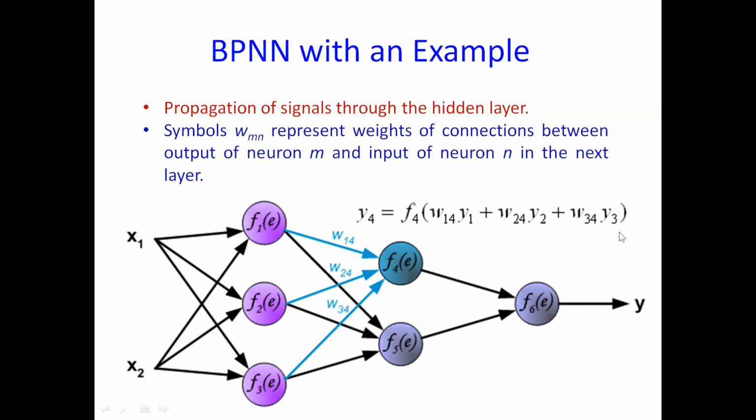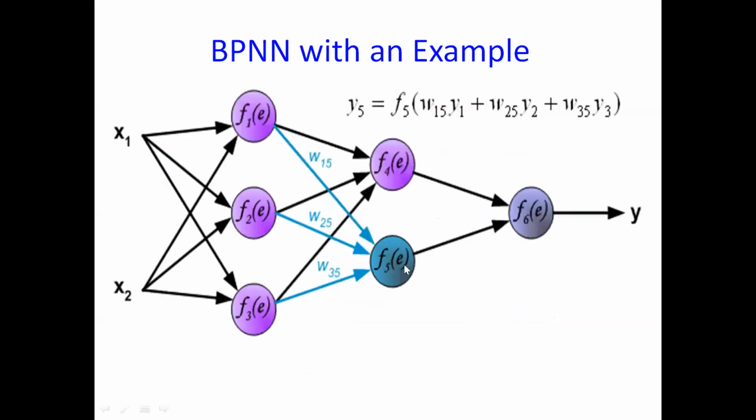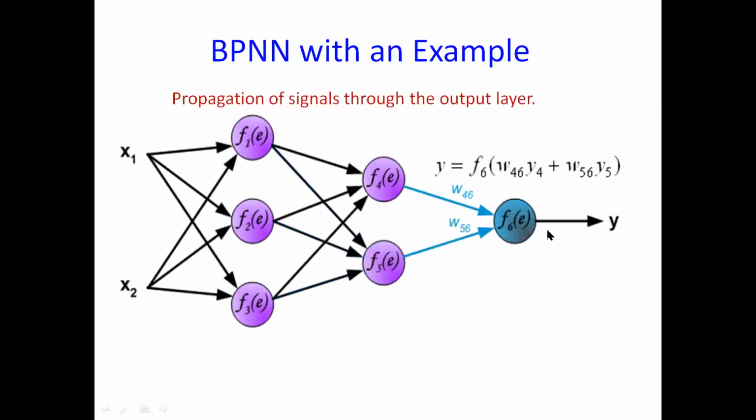The rule is the same here also, so we can have y4, y5, and y6. In this fashion, propagation of signals through the output layer is also completed, starting from the input layer.